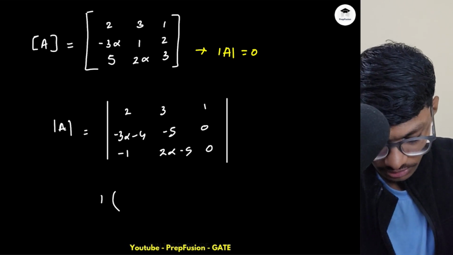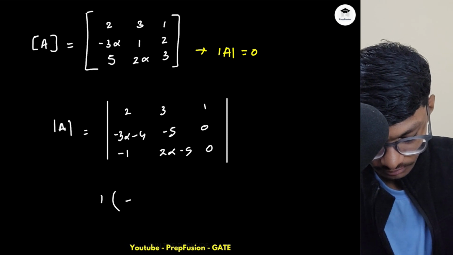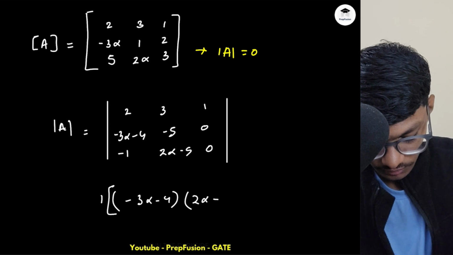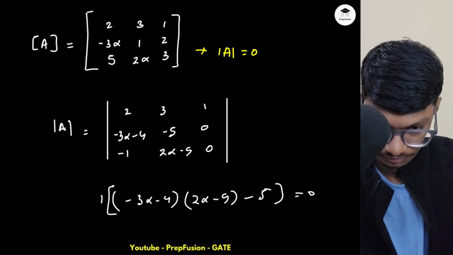So this is 1 times the minor, minus 0, equal to 2 alpha minus 9 minus 5 equals 0.